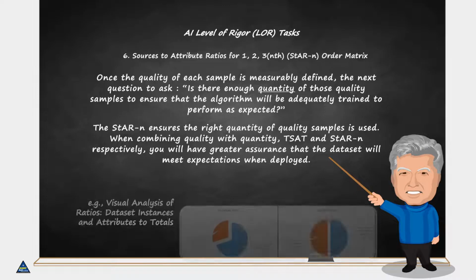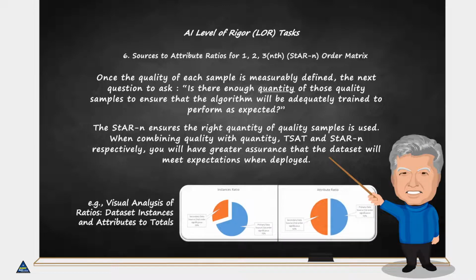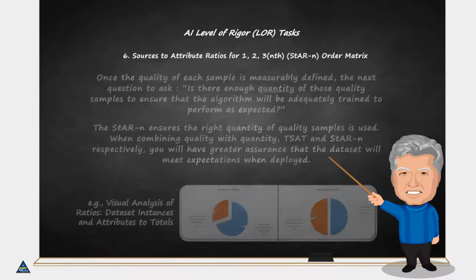Now we're focusing on whether there's the right quantity of those quality samples to adequately train the algorithm to become a quality model. And this is unique to WD. We knew that we needed to focus on somehow being able to ensure that our data set is a quality data set and has the right quantity. So just from a common sense standpoint, when combining the quality and quantity of the data set, we can ensure that the model is being developed properly to meet expectations.